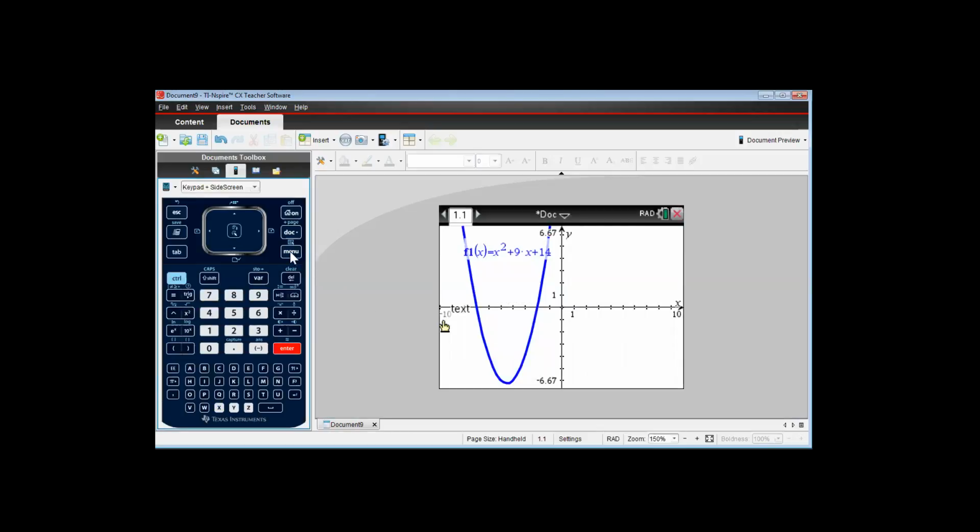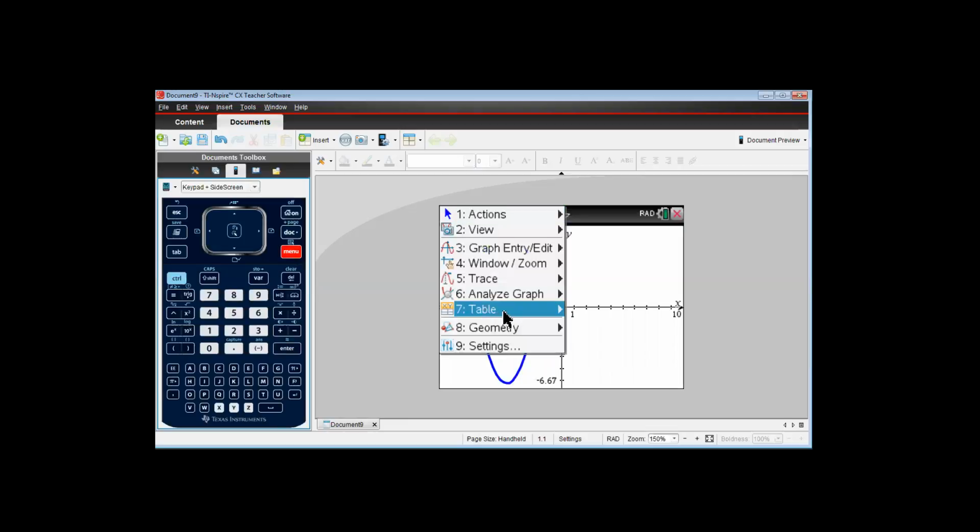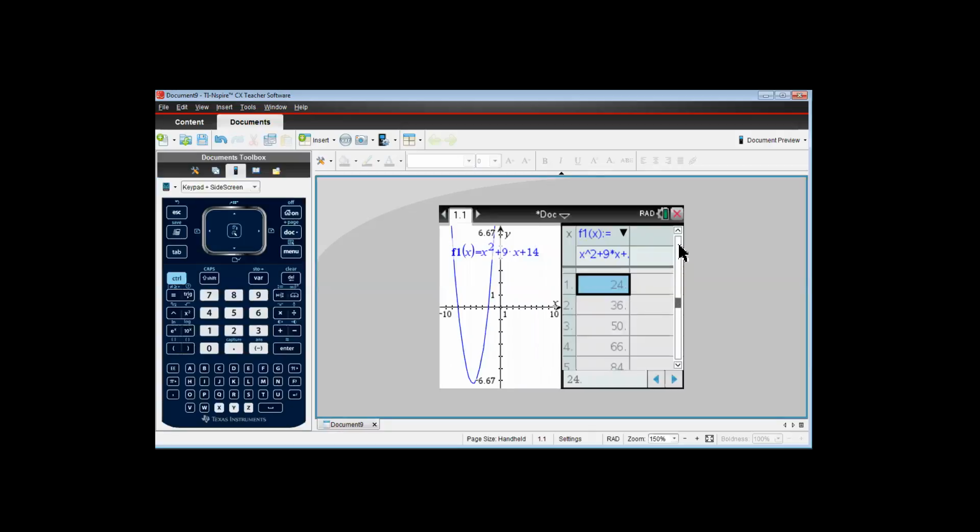If I look at my table, which we will look at in class as well, I'm looking for values when x is -7. Notice that when x is -7, the y value is 0. So that would be this point right here. Are there any other values? You keep scrolling and you see when x is -2, you also have 0. So those are called your zeros or your solutions to the quadratic.